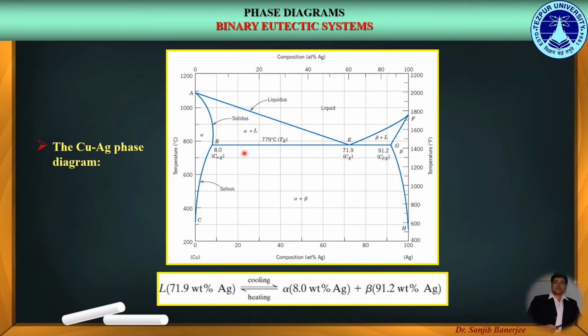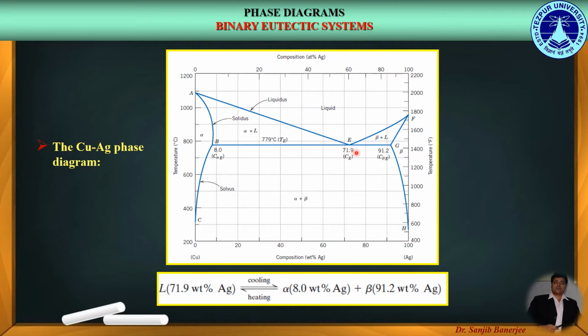Now over here we can see a horizontal line which we call the eutectic line or eutectic reaction isotherm. This line represents a particular temperature called the eutectic temperature. In this case it is 779 degrees centigrade.